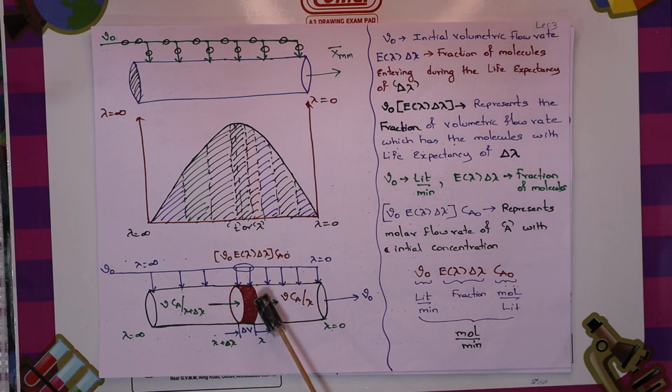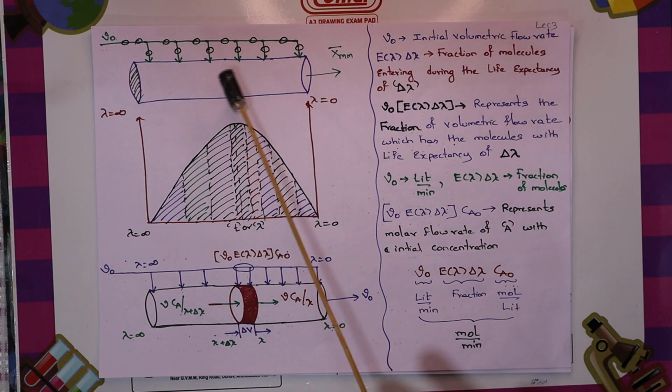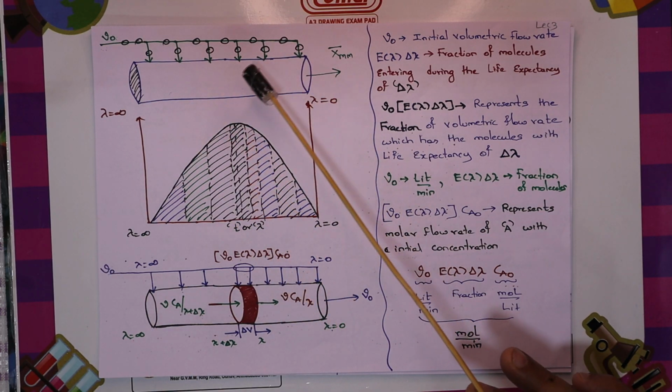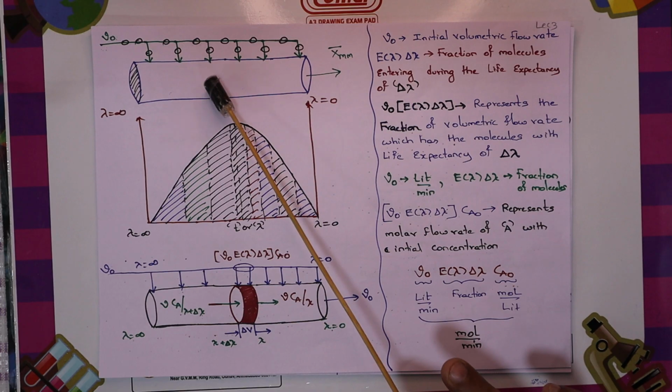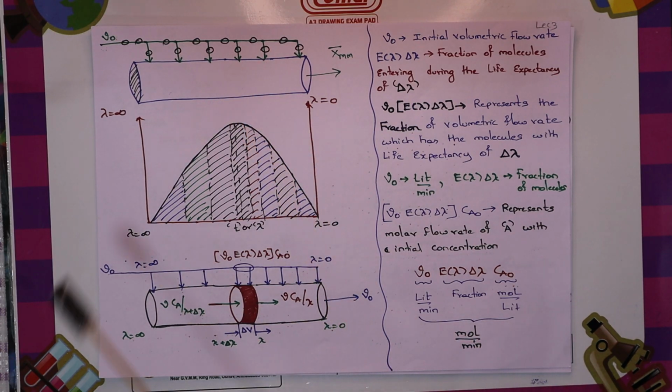Let us take a small section in this particular schematic which is assumed in the maximum mixedness model, which is happening in any non-ideal reactor. The non-ideal reactor could be a CSTR, PFR, packed bed, any reactor can fit in this particular scenario. Take a small section which has a differential volume delta V, and the life expectancy here is lambda. The life expectancy here is more than lambda, which is lambda plus delta lambda.